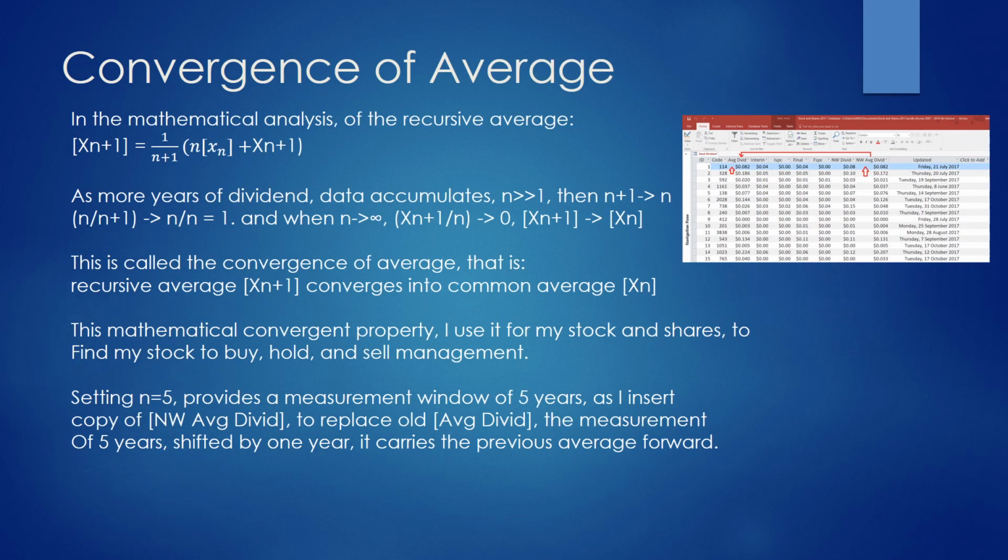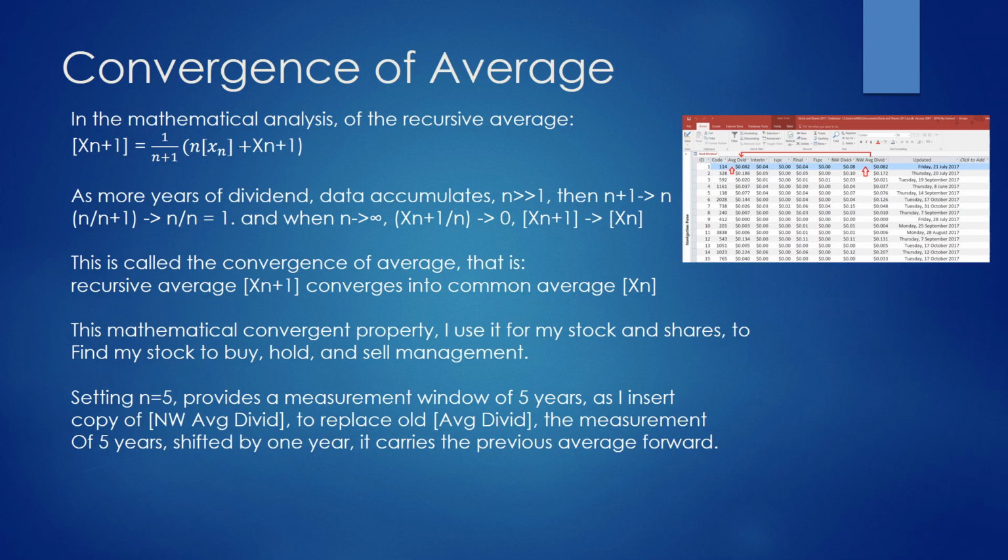Convergence of average. In the mathematical analysis of the recursive average, average xn plus 1 equal to 1 over n plus 1 times n average xn plus xn plus 1. As more years of dividend data accumulate, n will be much larger than 1. Then n plus 1 approaches n.